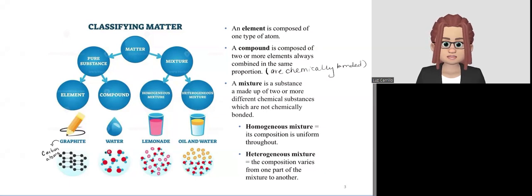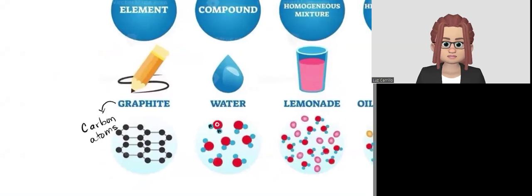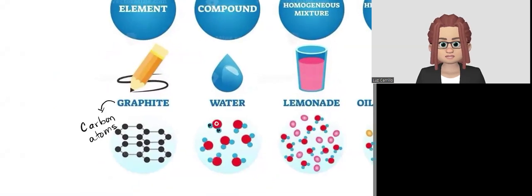Here we have an example of an element. We have also an example of a compound. So when we look closely, our example of an element is graphite. Graphite is a form of carbon atoms. Next to it, we can see a compound.